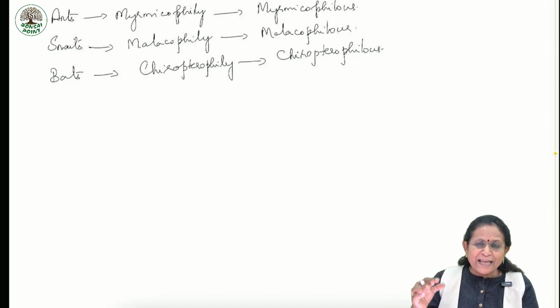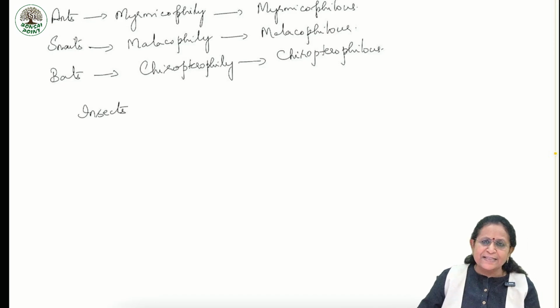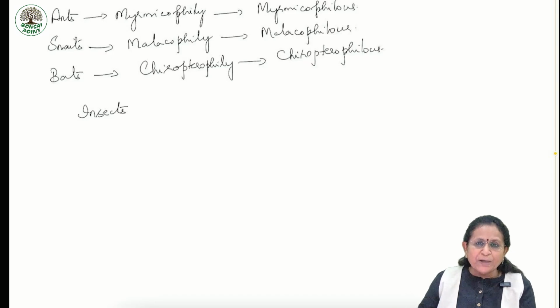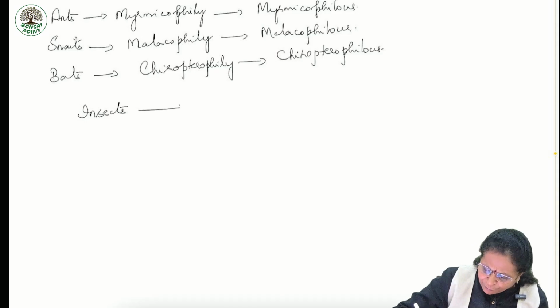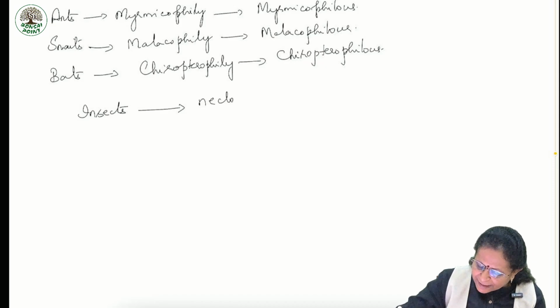These agents for cross-pollination, especially the insects or birds, visit the flower, what for? To suck nectar and eat pollen grains.